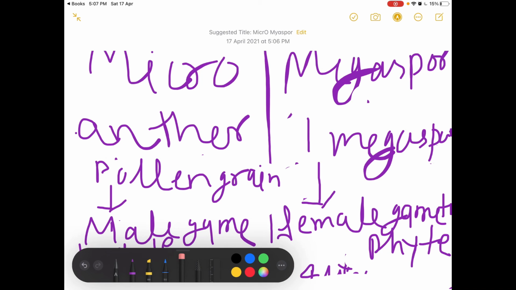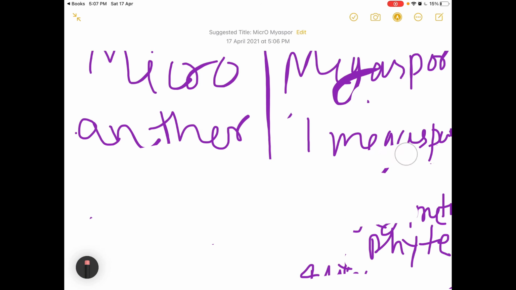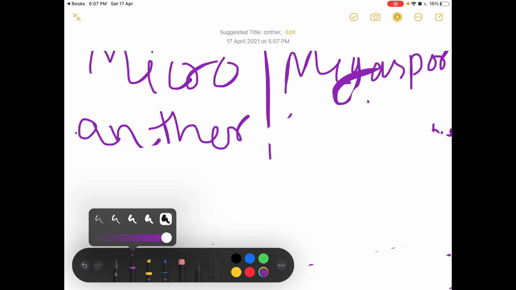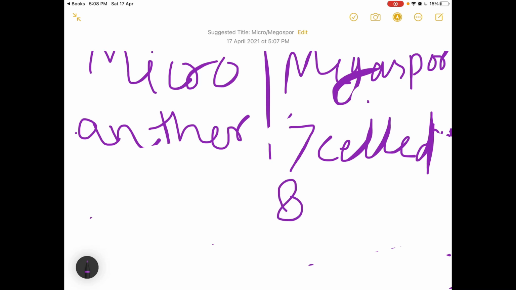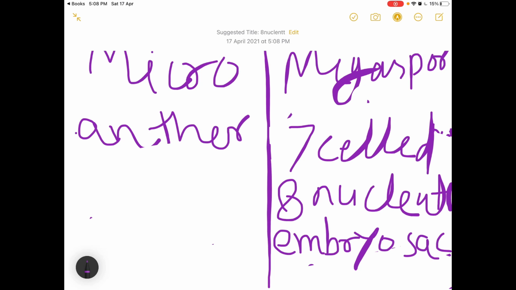And the female gametophyte of the megaspore is a seven-celled, 8-nucleate structure. It is also called as embryo sac.